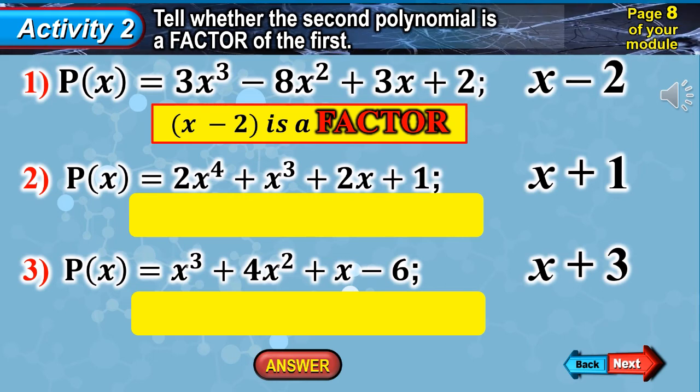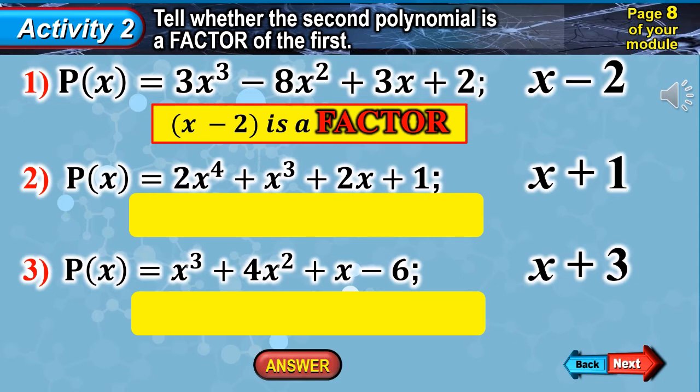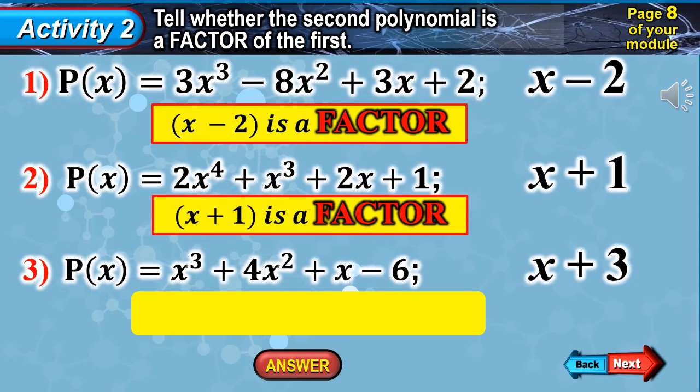Next, number 2. P of x is equal to 2x raised to 4 plus x cubed plus 2x plus 1 divided by x plus 1. Okay, what is the answer? So, x plus 1 is also a factor because the remainder is 0.